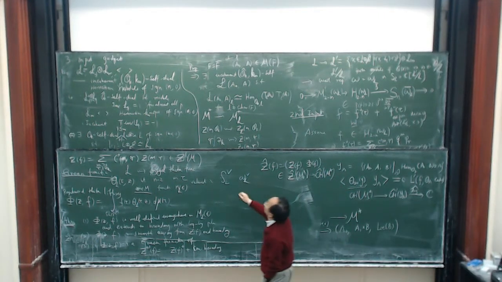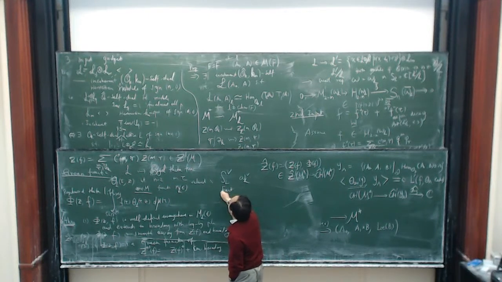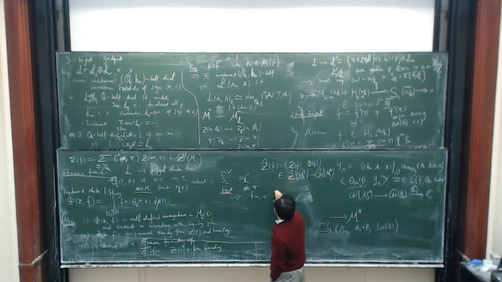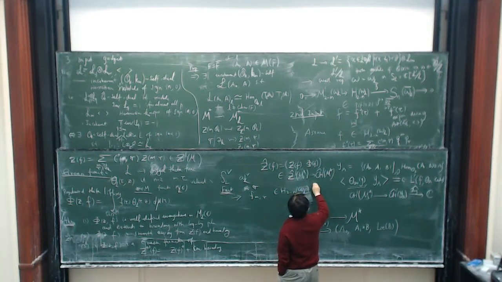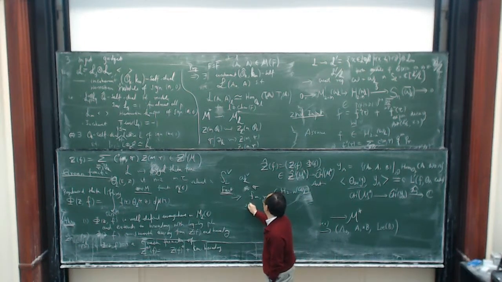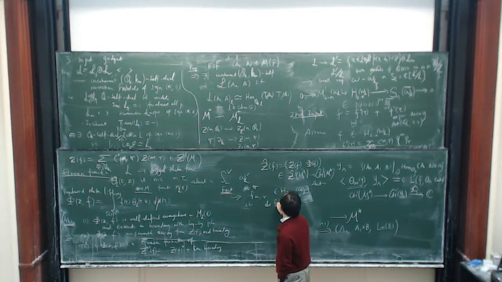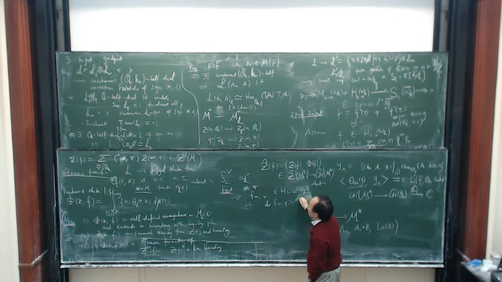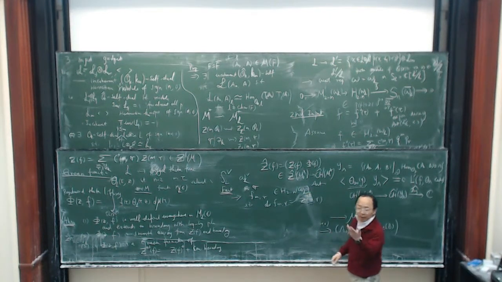And this is a small fact. Given M, you can produce F of M R. This is in H2 of M star, with this automorphism, such that the divisor of F of M R is equal to Z of M R. Again, you put a total here, just with a little bit of modification.